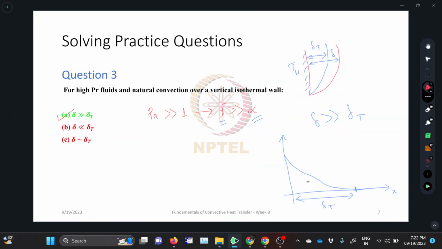And on the other hand, this velocity would increase and then decrease at a much greater length. So this delta would be much greater than delta T. That's why it's option A.